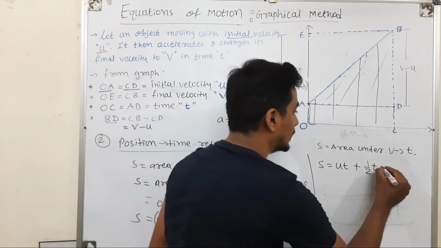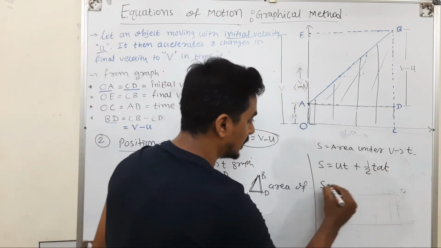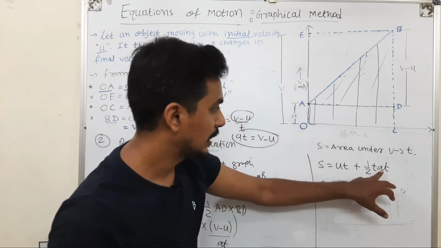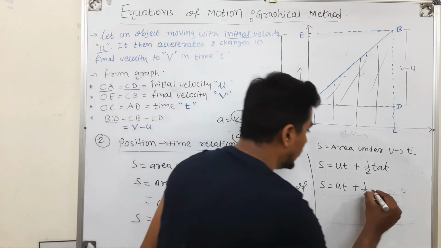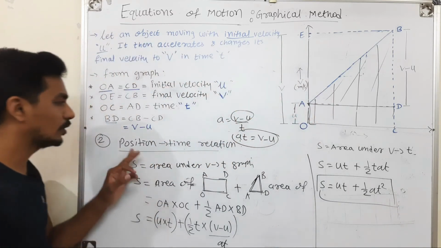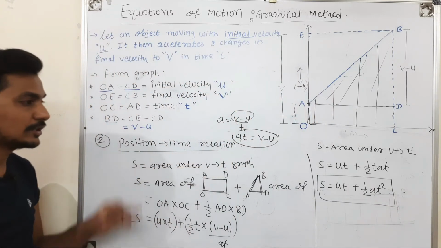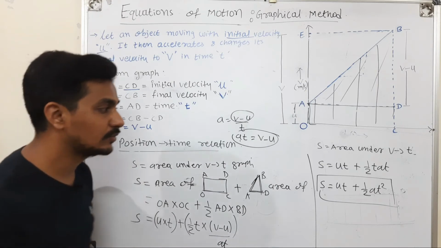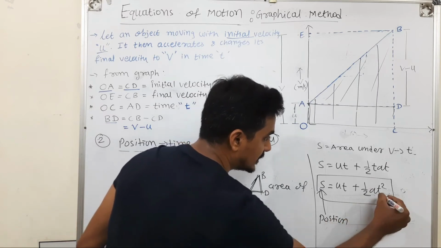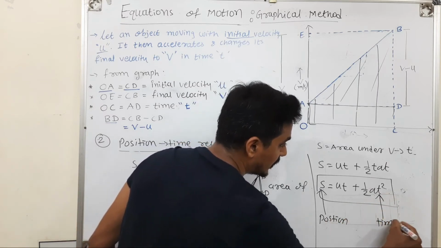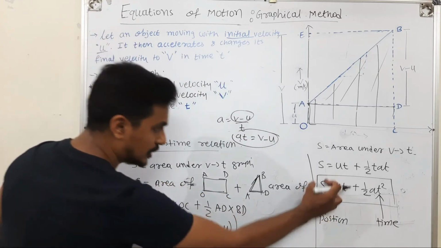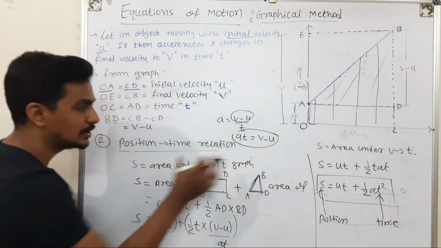So this can be modified to UT plus half AT into T, so UT plus half AT square. So here our final equation for the position time relation, which is also known as the second equation of motion. Here S indicates the position and T indicates the time in which this distance is covered, and hence it is known as the position time relation.